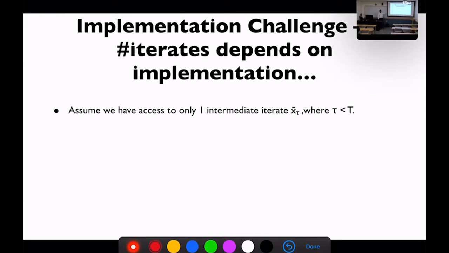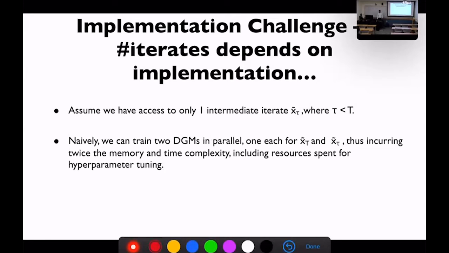So we run the SDE to get the iterates. If you do that naively, you have 2 iterates, so you can train one model for the first iterate and another model for the intermediate iterate. That would be okay.